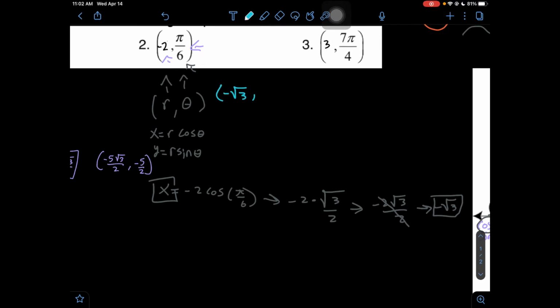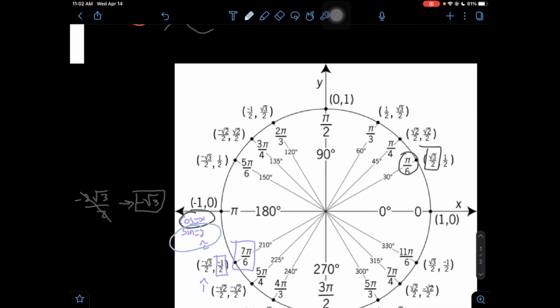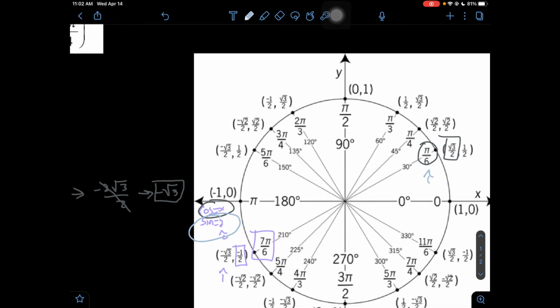Now we need to find our y value. For the y value, we're going to use our second equation, which is y equals r sine of theta. So we have y equals, we said our r was -2 according to our coordinate points. We have -2 times sine of our theta. We said theta is pi over 6. We know sine equals the y value, and here's pi over 6 right here, and the y value at pi over 6 is 1/2.